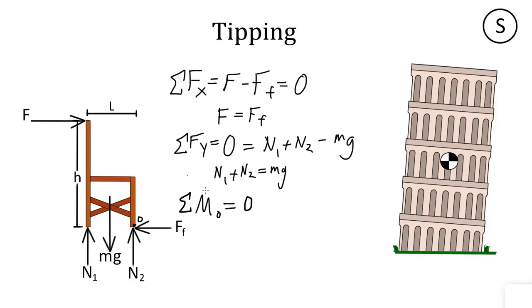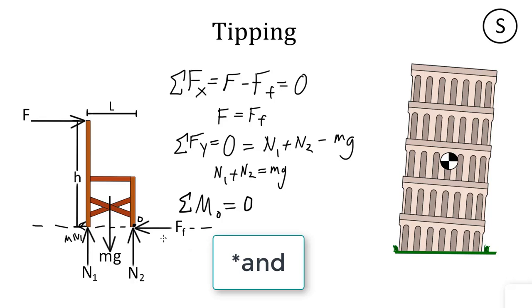And so we set it equal to 0, and we're going to have to do the sum of the moments for all these. We need to figure out the moment of the friction force to start out. Of course, the friction force could be just over here also, so it would be mu times N1 or mu times N2.